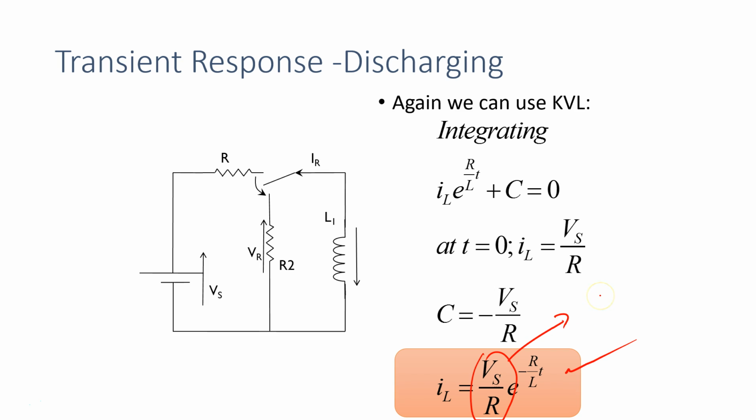If you look here, at t equal to 0, IL is Vs on R. So this is really IL0, the initial current through the inductor. When the inductor started from being fully charged, it will be Vs on R. That is when it reached steady state, so Vs on R would be the current that was flowing through it before we switched it into R2. So we have Vs on R e to the minus R on L t.